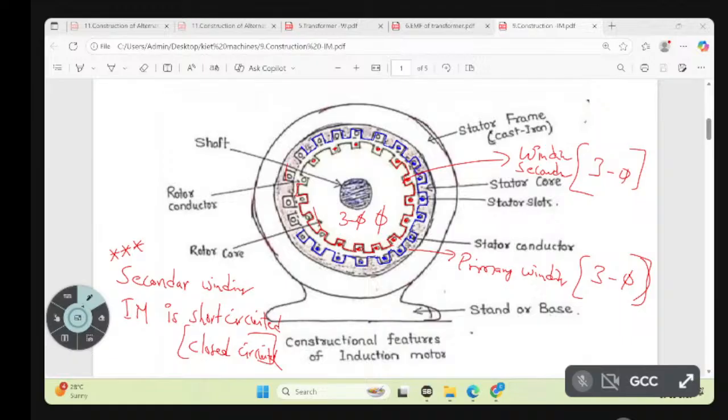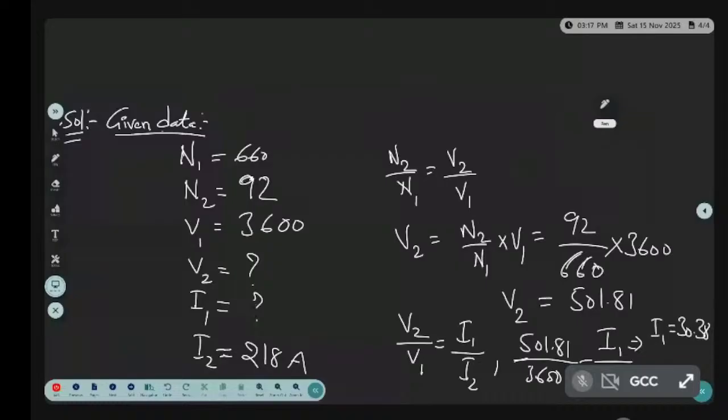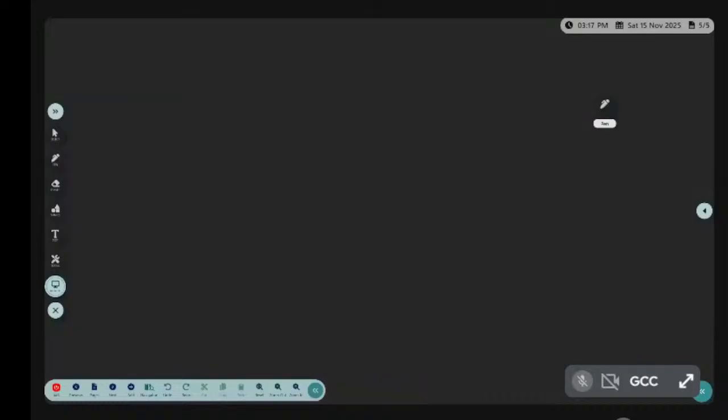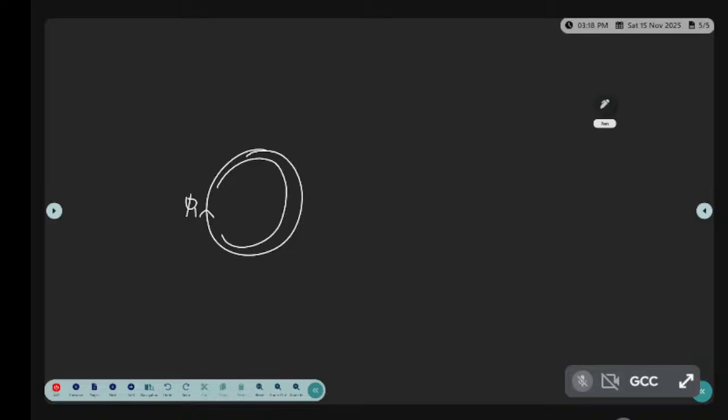One is the rotating magnetic field because of the stator, phi 1. The other is the rotating magnetic field because of the rotor, phi 2. Phi 1 is rotating in the clockwise direction, and phi 2 is rotating in the clockwise direction.